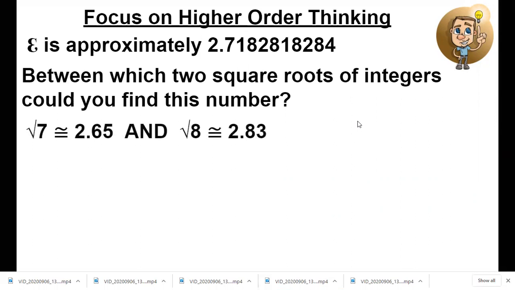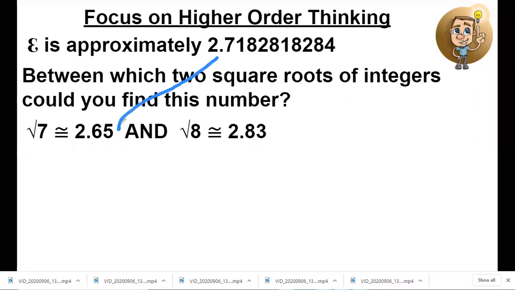Well, square root of 7 is 2.65, and square root of 8 is approximately 2.83. So wouldn't you say that 2.7 is going to fall in between these two numbers here? So 2.7182818284 is going to be in between.